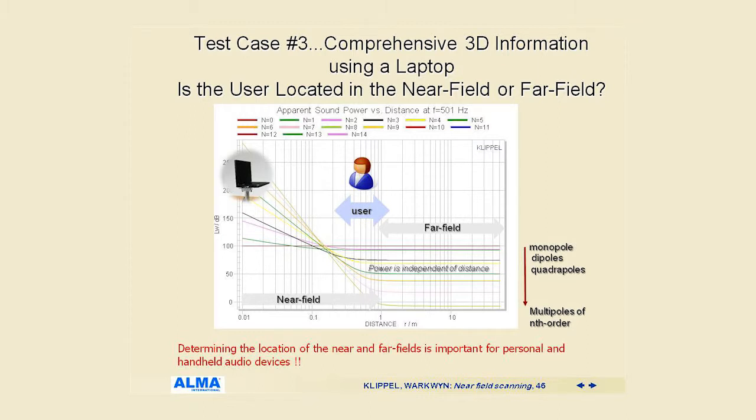In the near field, the sound power is not constant. In the far field, the sound power is independent of distance and is therefore constant because the sound pressure and velocity are in phase. So you get no losses from the imaginary reactive component. We can use this to determine where the user is in the sound field.